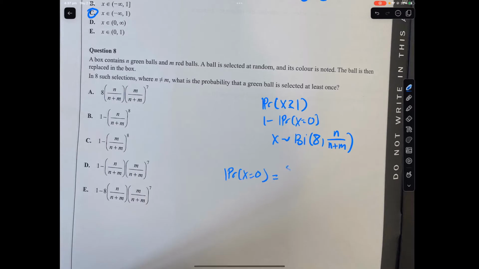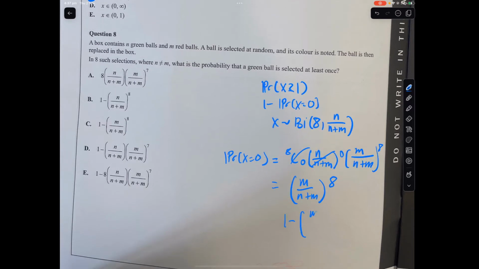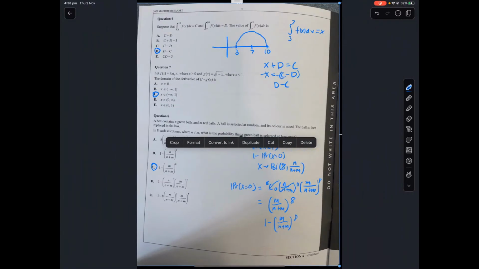It's 8 choose 0, (n over n plus m) to the 0, times (m over n plus m) to the 8. These become 1, which is just (m over n plus m) to the 8. And then we're going to 1 minus that. So that should give us C. Is that right? 1 minus (m over n plus m) to the 8. Okay, that looks good.